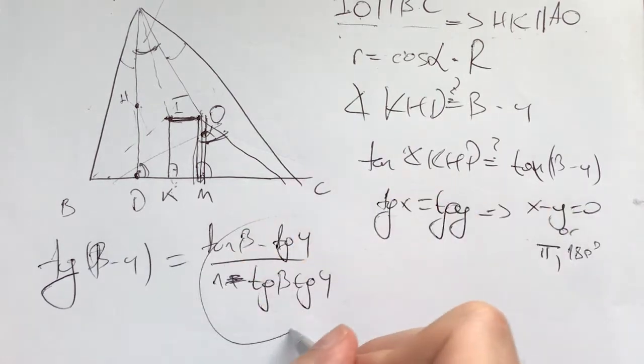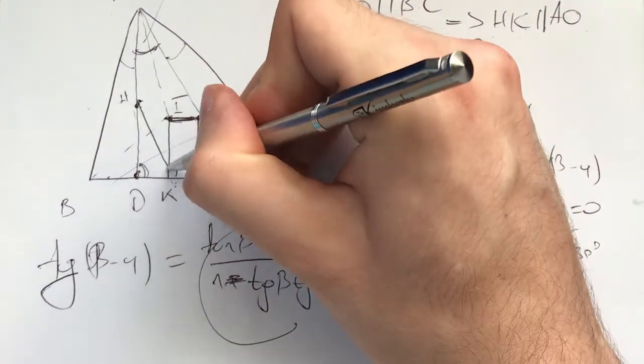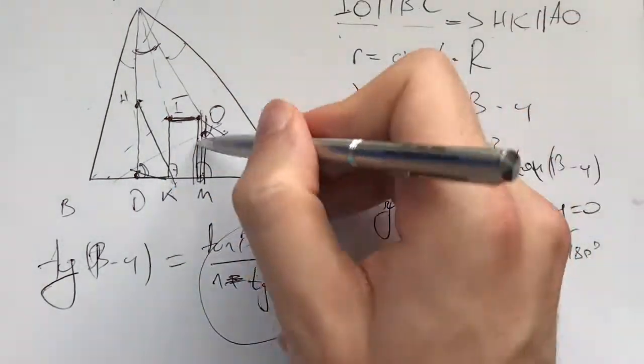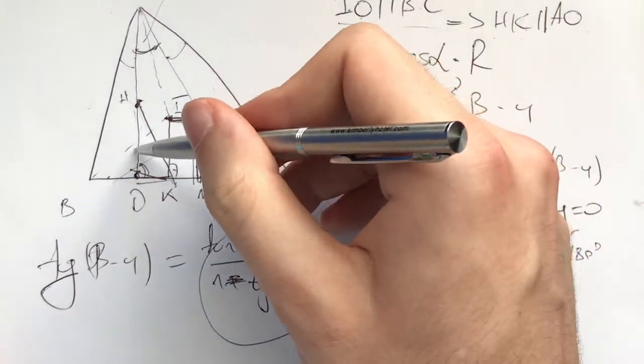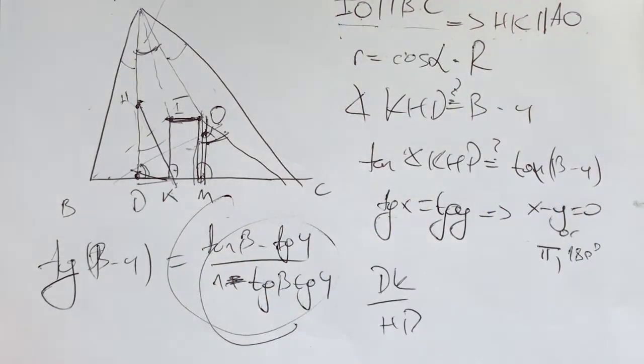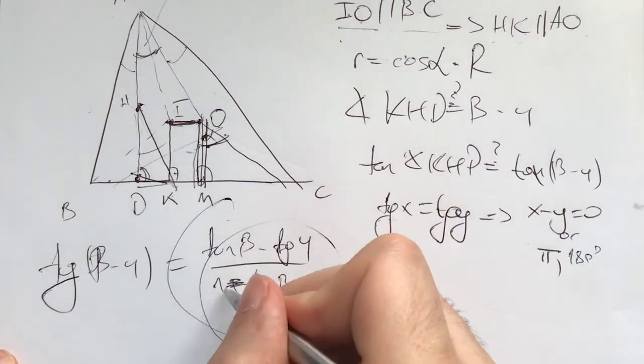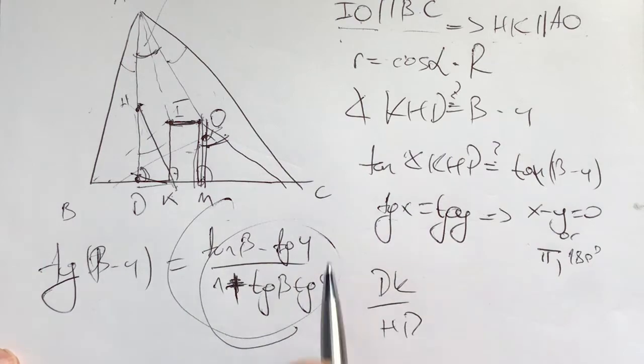And we can maybe calculate this, figure out if this thing right here, so the tangent would be DK over HD, ends up actually equaling this when we get all the sides out. Actually, this is here a plus, so we would need to prove this.